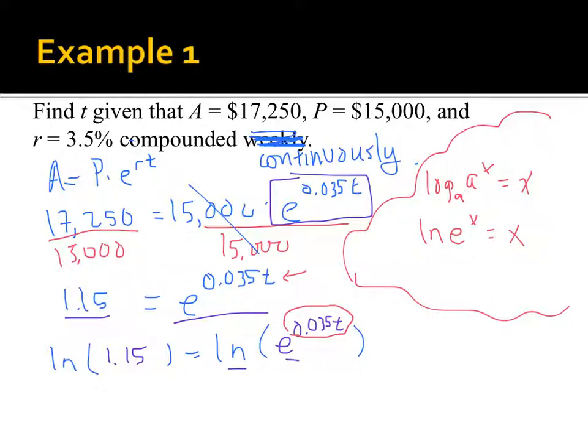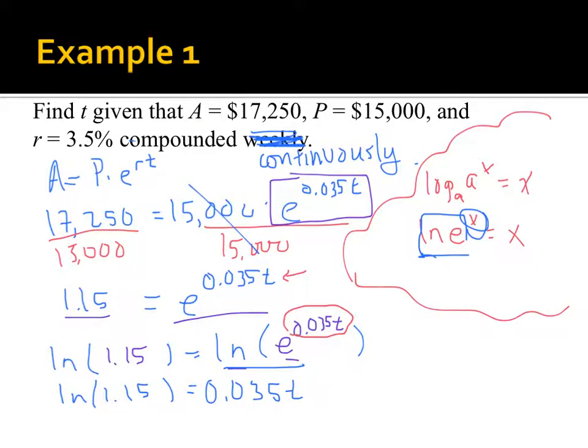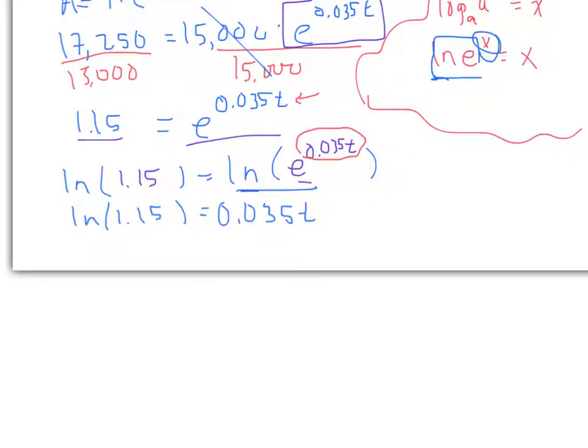And so what this means is that on the left-hand side, nothing changes, but on the right-hand side, whenever you have ln and e together, we just get the x back. So here, that's what I have, so I just get 0.035t. And from here, you guys know how to solve. Just divide both sides by 0.035.